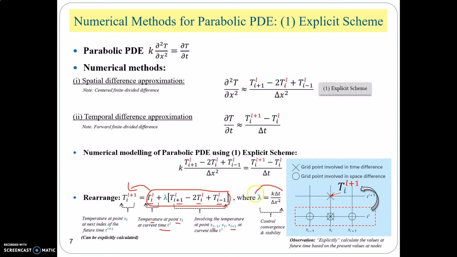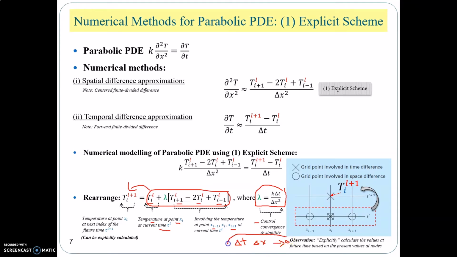The selection of the lambda constant is very important to control the convergence and stability. It depends on the selection of delta t and delta x. So ideally, delta t and delta x need to be very small, approximately 0.